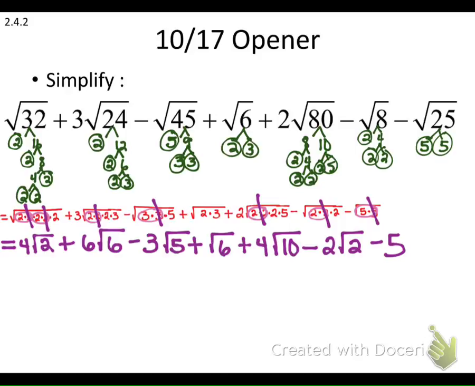You're right. So that should have been a times 2, which would have given us another factor pair, which would have canceled, making that plus 8. So instead of plus 4 square root 10, it should have been 8 square root 5.